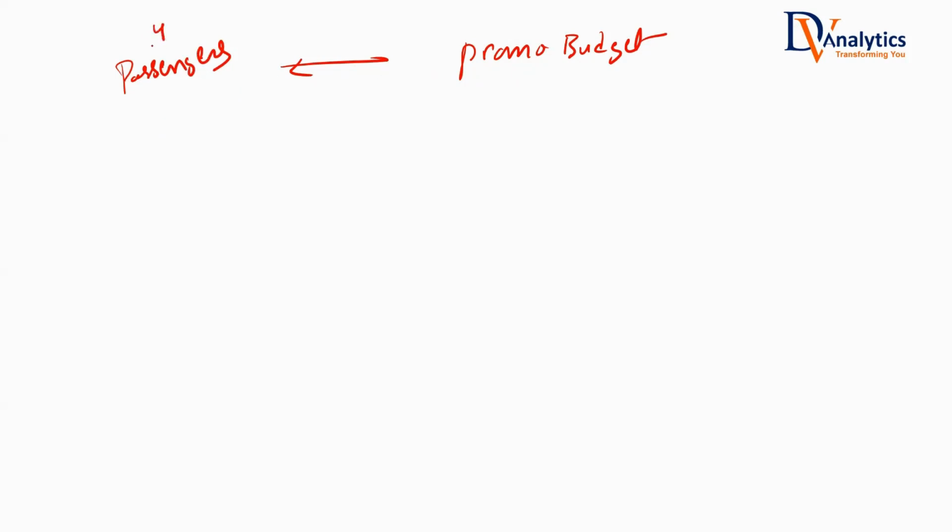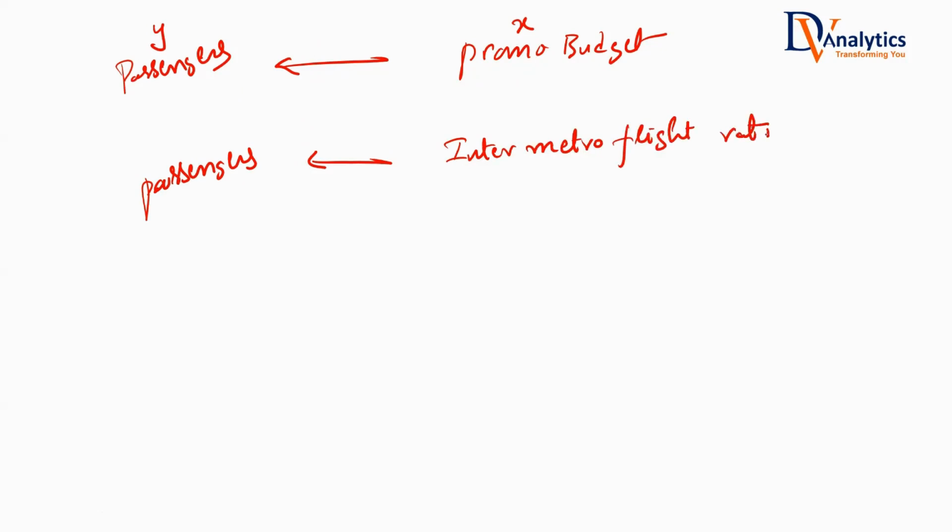Let us say this is Y, this is X. There is another data scientist who wants to predict the number of passengers only, but not by using promotional budget, but by using inter-metro flight ratio. Is there any rule that we have to use promotional budget only for the prediction of passengers? Has anyone set that rule?